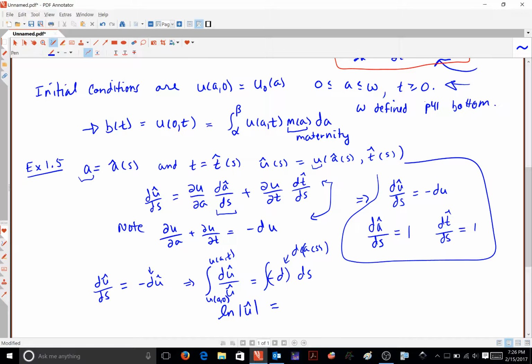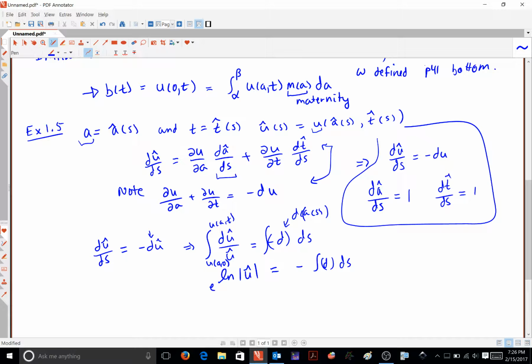What that is going to give you then is minus the integral of d ds is equal to this natural log. And if we're trying to solve that, then you do e to both sides of it. Maybe I should do my initial conditions first.